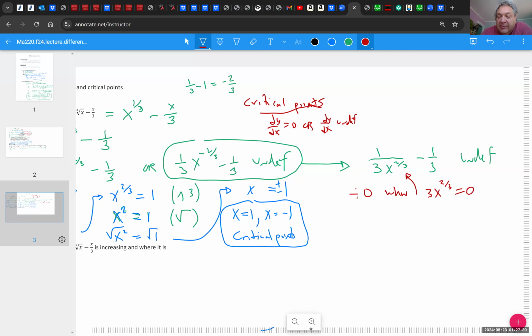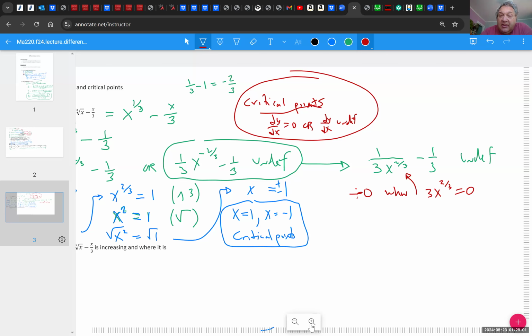And remember, dividing by 0 means we get undefined. And undefined is how we find critical points. Remember, critical points is when the derivative is 0 or the derivative is undefined. So when is this undefined? It's undefined when we have 1 over 0. So when that bottom part, 3x to the 2/3, is equal to 0, then we get a critical point.